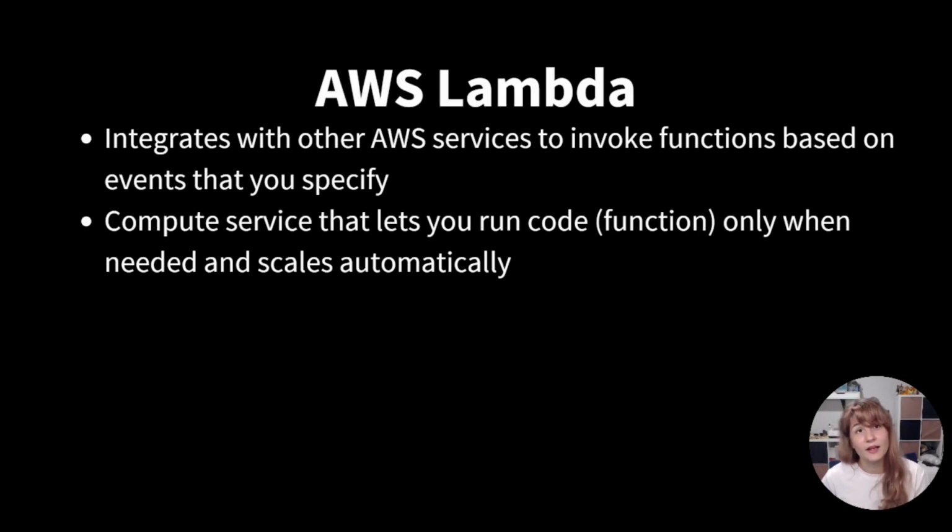Lambda runs your code in high availability compute infrastructure, and it performs all of the administration of the compute resources, including the server and operating system maintenance, the capacity provisioning, and the automatic scaling and logging. It just makes your life really simple.